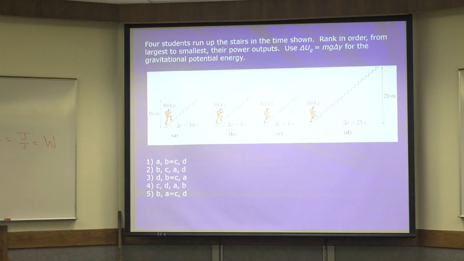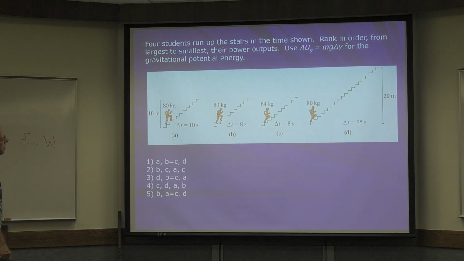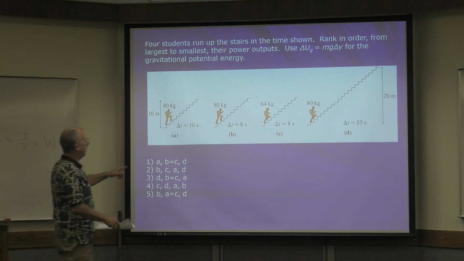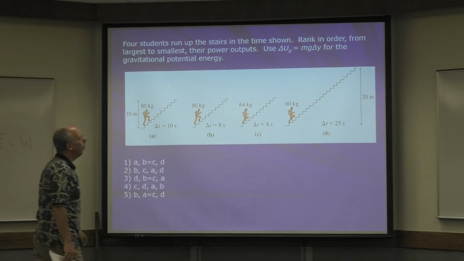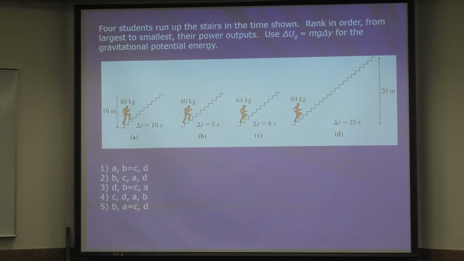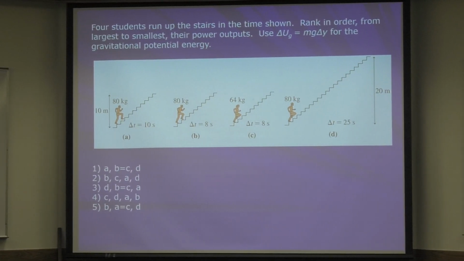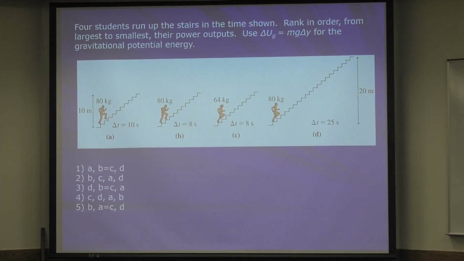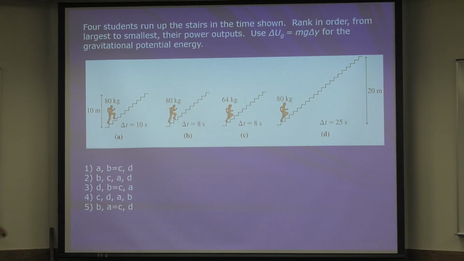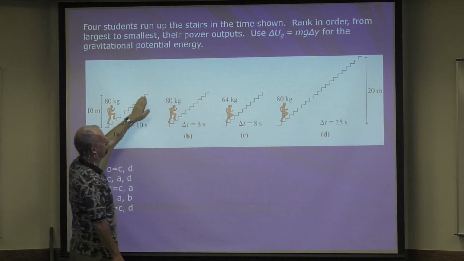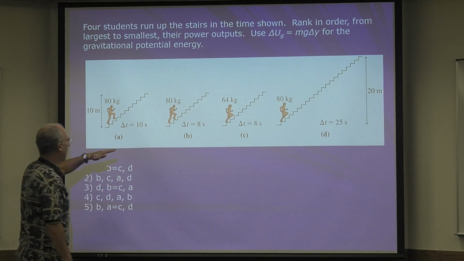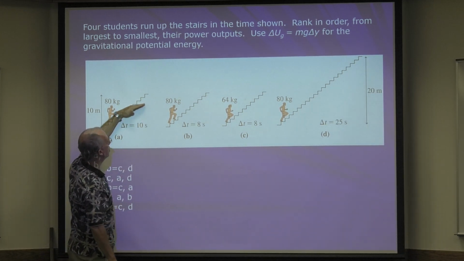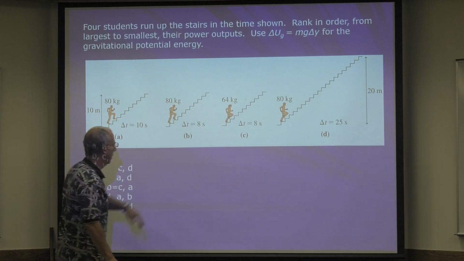Okay, here's a problem for you. 4 students run up the stairs in the time shown. Rank in order from largest to smallest their power outputs. Now, they're starting at rest, they're finishing at rest. So we're not going to concern ourselves with the kinetic energy. What we're going to concern ourselves with is the change in potential energy. That's why they're running upstairs.